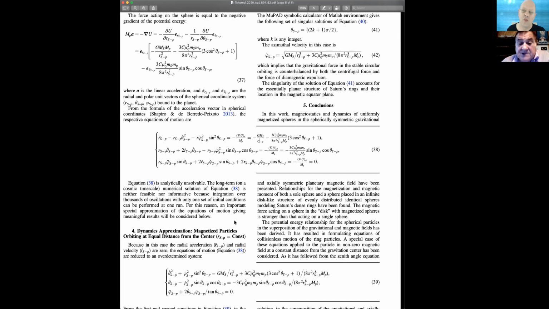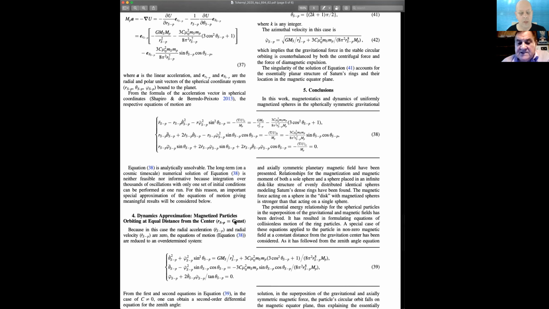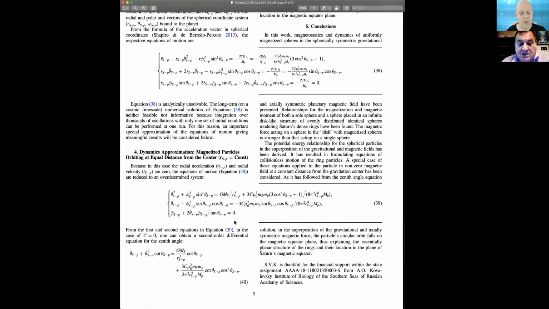And doing some exercise with conventional steps, we can get the second order differential equation for the zenith angle, which is 40, and which we can solve using the conventional technique, and we get the solution: the angle is equal to plus or minus half of pi.